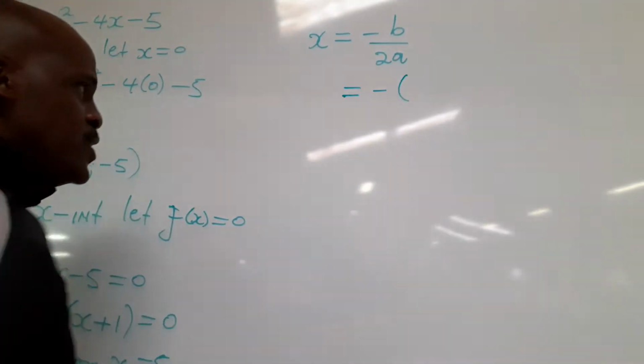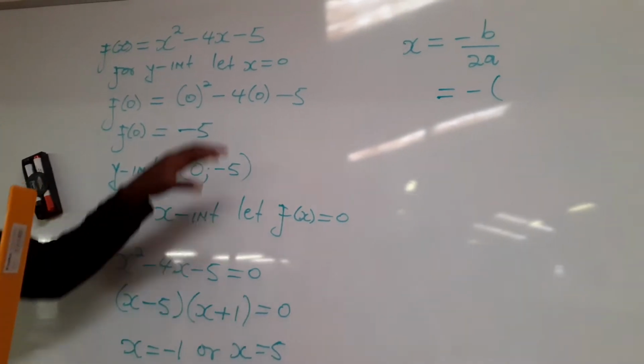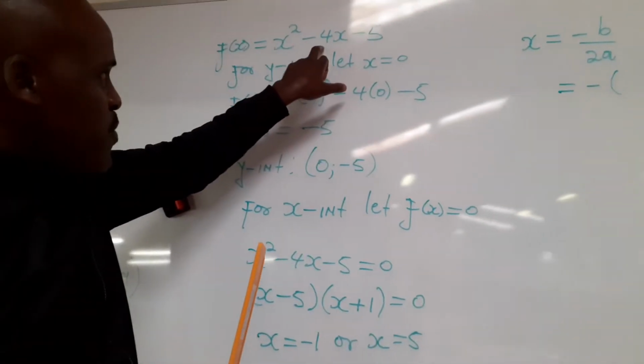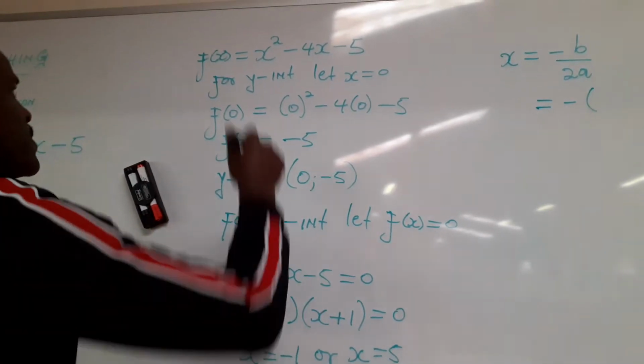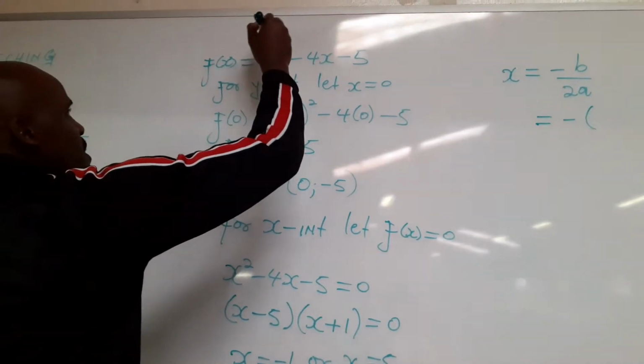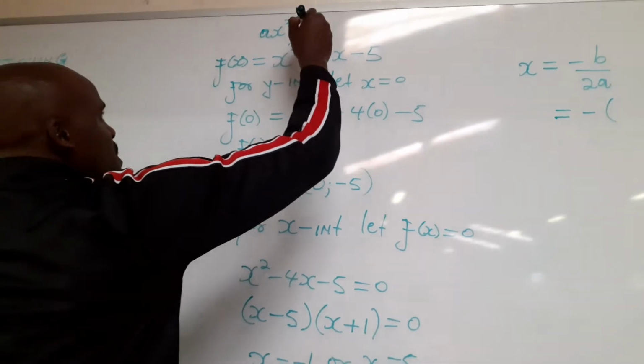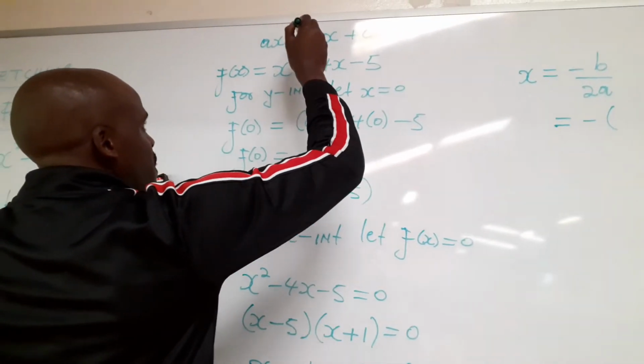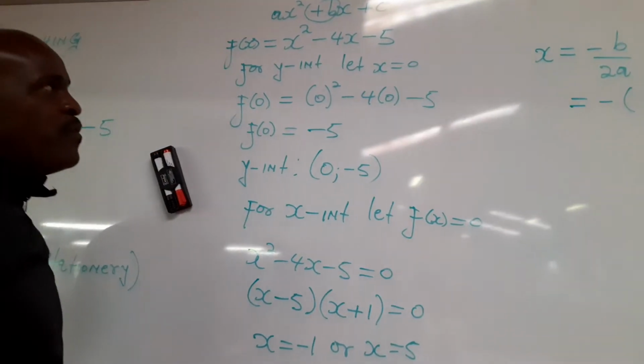We use the same form, ax squared plus bx plus c. Therefore, we look for the value of b here.